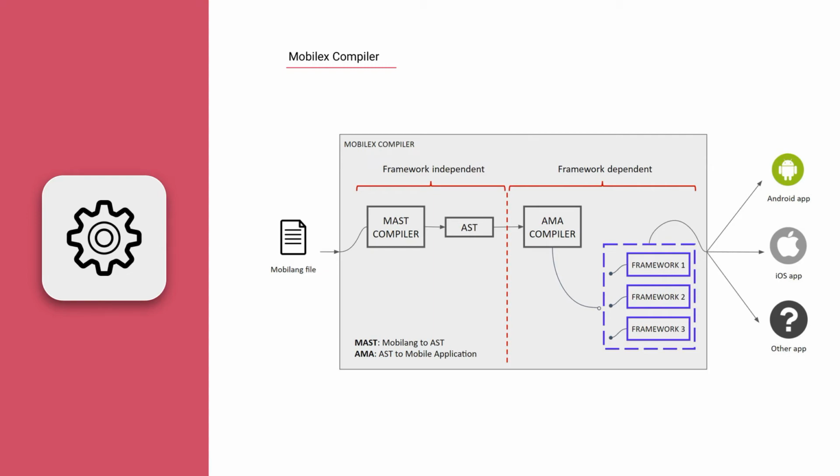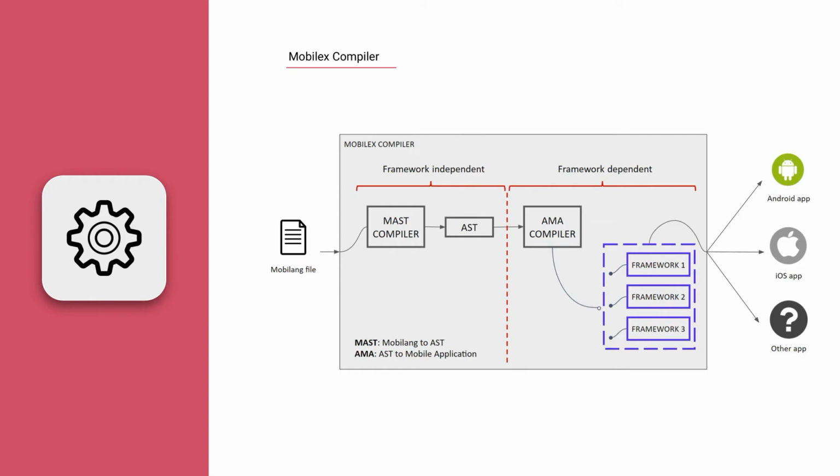Then another module, the AMA compiler, receives the previously generated AST as input and generates the input code for a given development framework. The AMA compiler also triggers the app generation function in the target framework such that the app executable code is also generated at the end of this process.